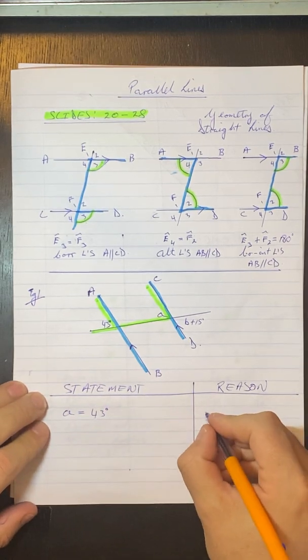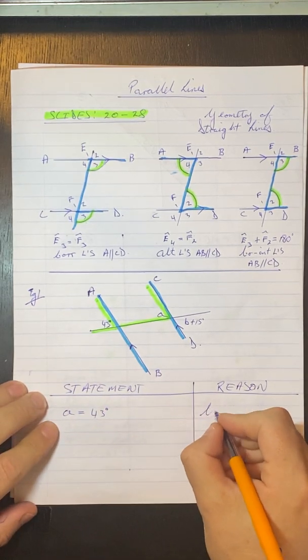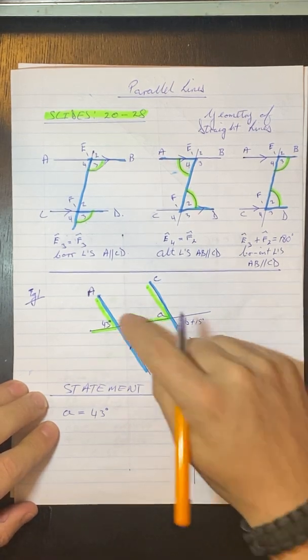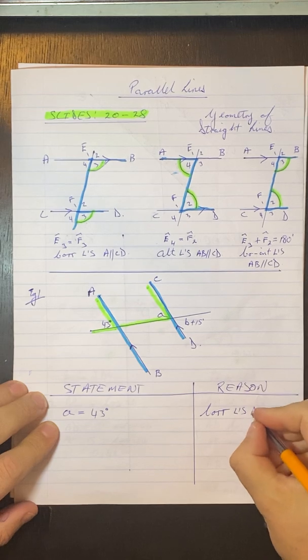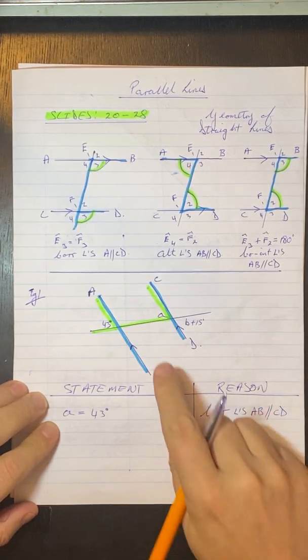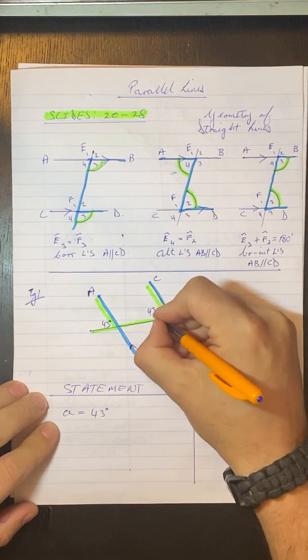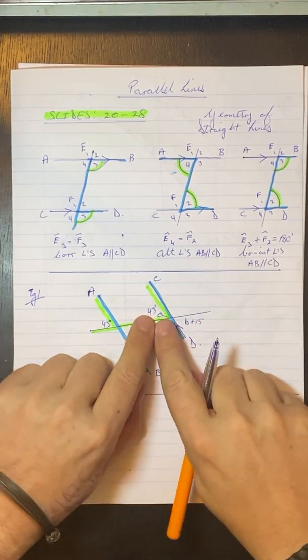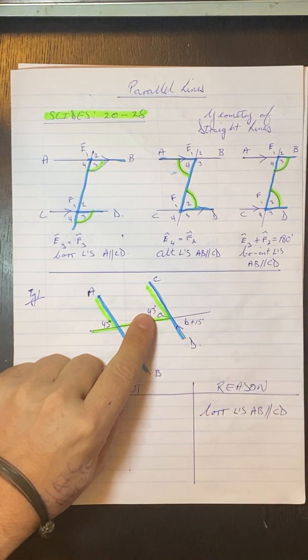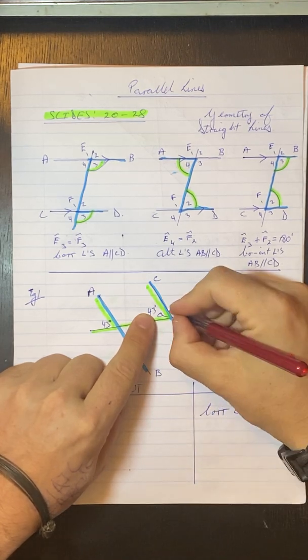Our reason is corresponding angles. I must just state which lines were parallel. AB parallel CD. Okay, so now we know that that's 43. Now, if you have a look at this angle and this angle, they are vertically opposite, and vertically opposite angles are equal.